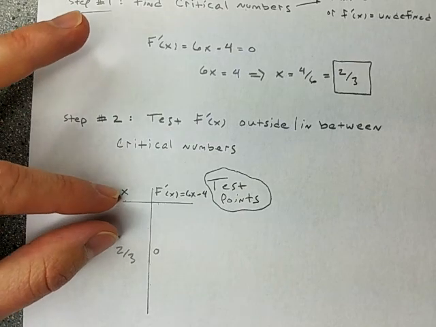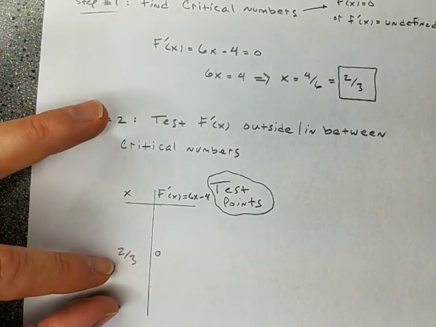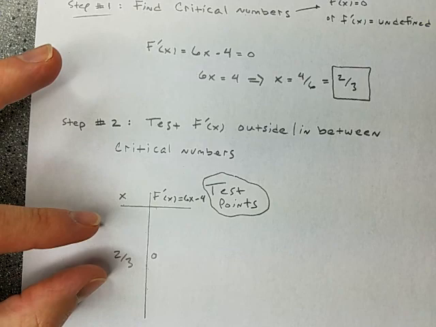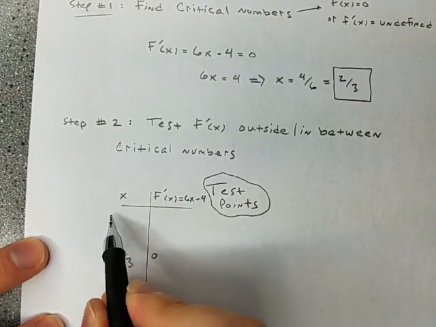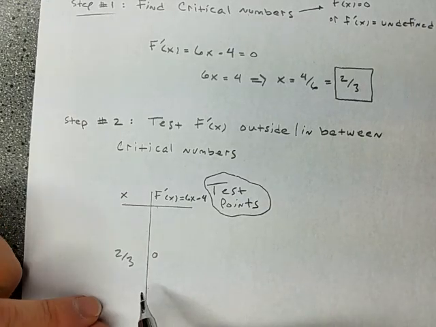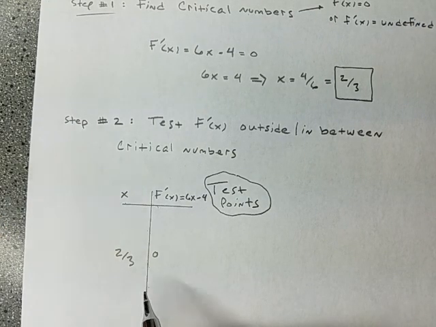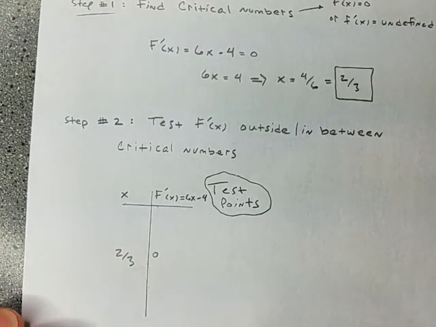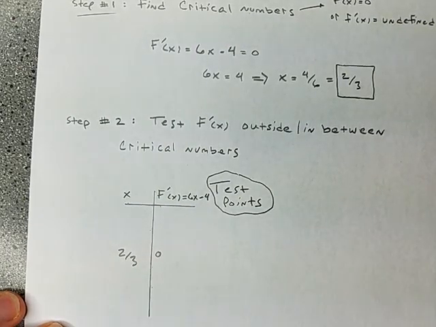I just have to test one point outside or in between the critical numbers. So I just need one point out here, less than 2/3, and one point out here, more than 2/3. It doesn't matter which point. One point will tell you the whole story.